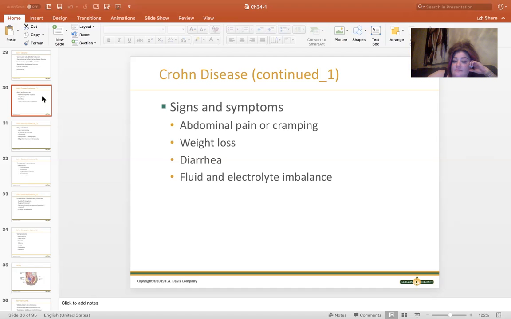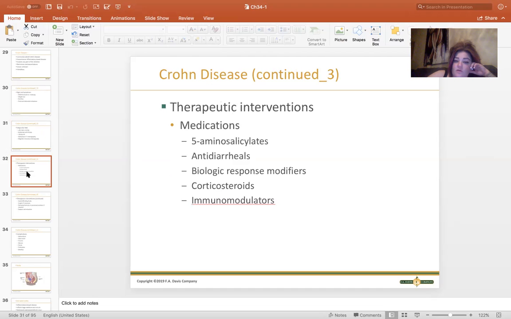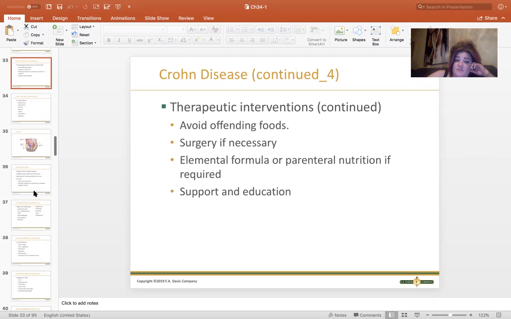So a lot of the time this is a lifelong battle, and there's going to be diarrhea, fluid loss, you're in the hospital here and there because you're not feeling well, then you get your endoscopy, there's a biopsy, and you're getting all of these different tests. There's a lot that happens with it, lots of different medications, potential surgeries, having to avoid certain foods.